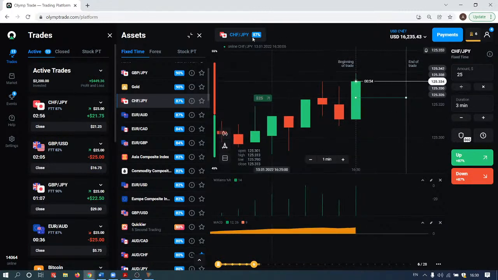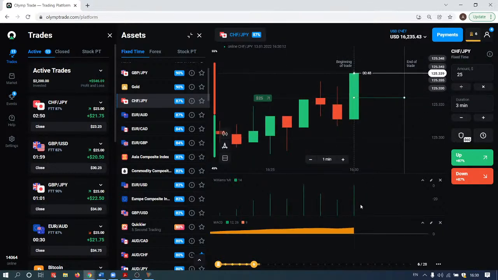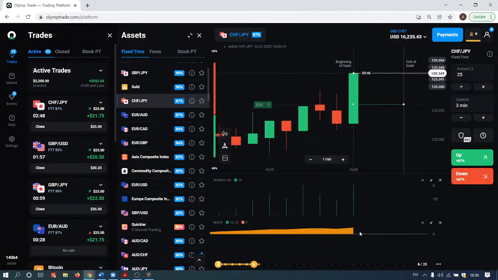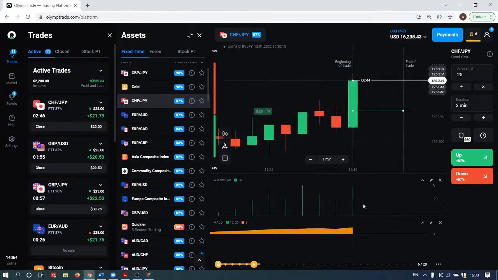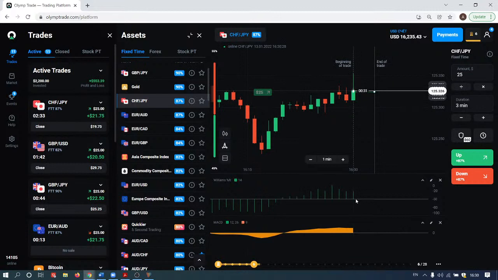So once again, we are looking at CHF JPY, the Swiss franc against the Japanese yen. We have these two histograms, an area and a histogram, let's call them histograms. When they both point in the upwards direction, like here with Williams percent R and the MACD, we need to look at the exact current moment of time.